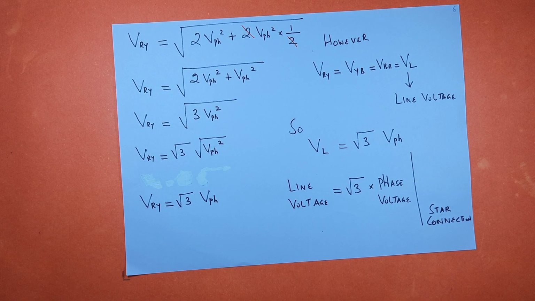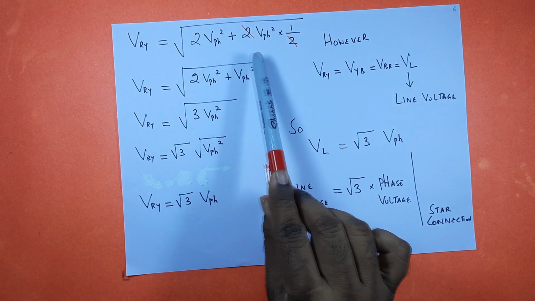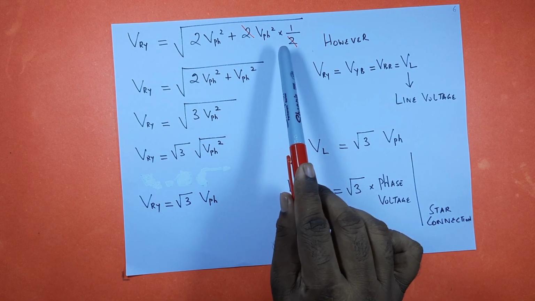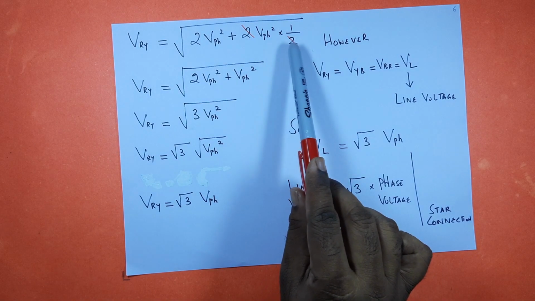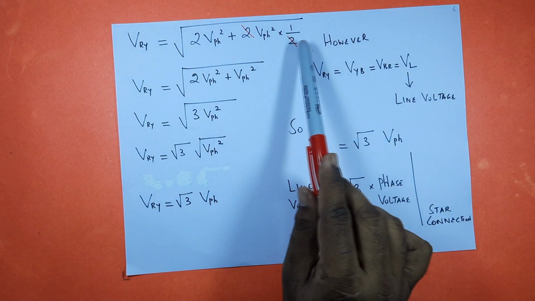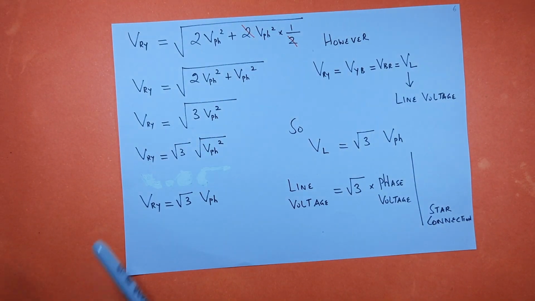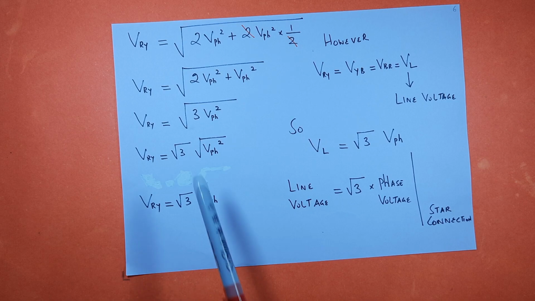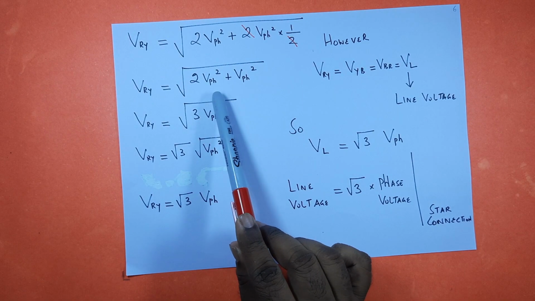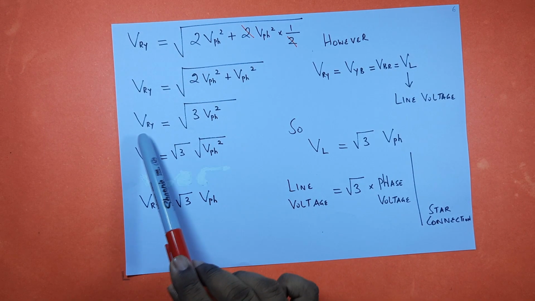Next we have VRY equal to square root of 2 V phase square plus 2 V phase square cos 60. The value is 1 by 2, so this 2 gets cancelled. VRY equal to square root of 2 V phase square plus V phase square.